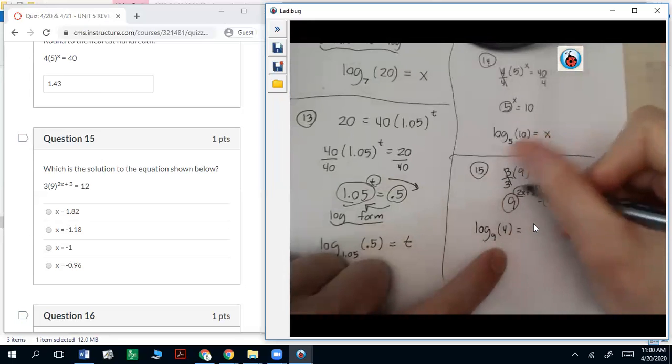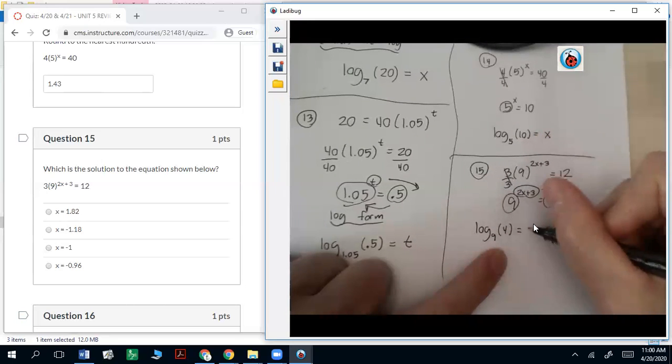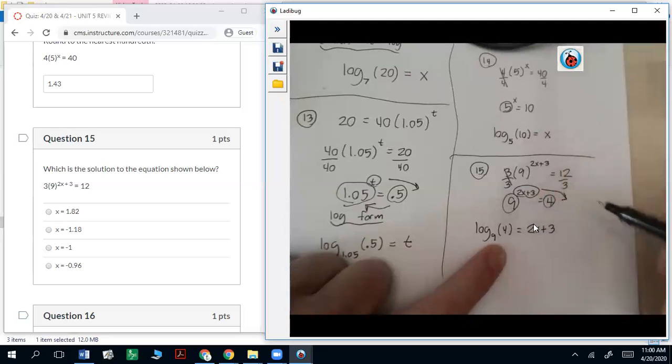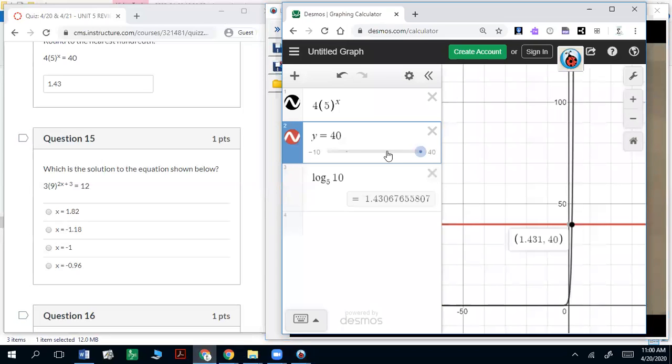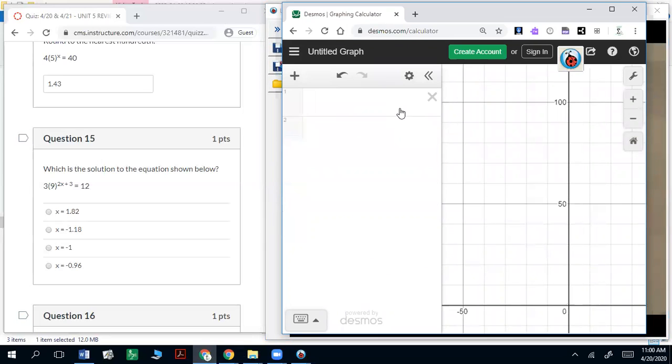Your exponent, all of it, will get put on the right side of your equation. So log base 9 of 4 is going to give me 0.63.